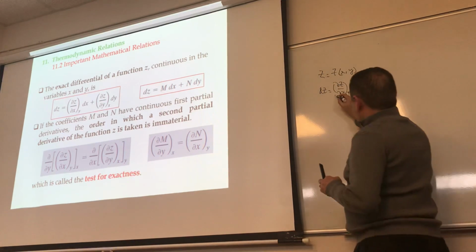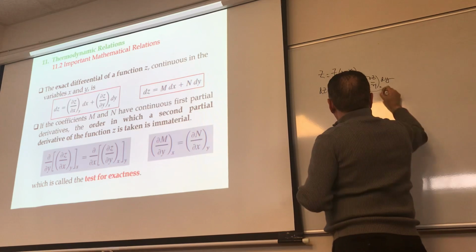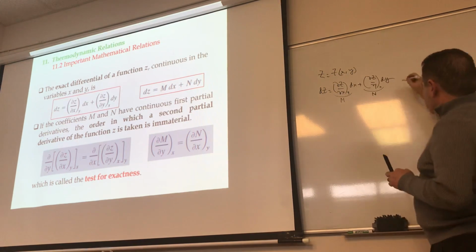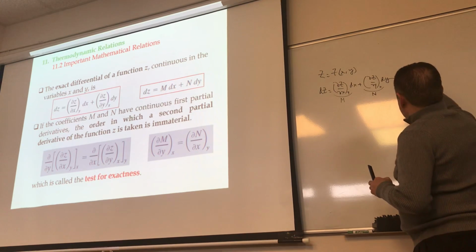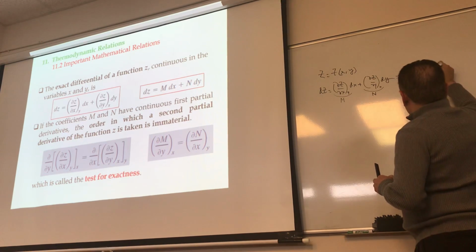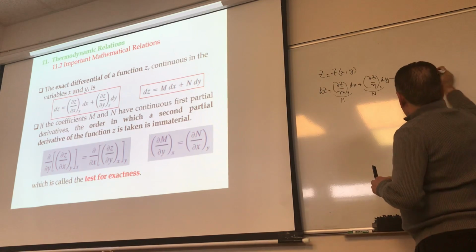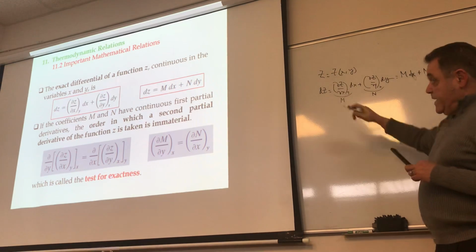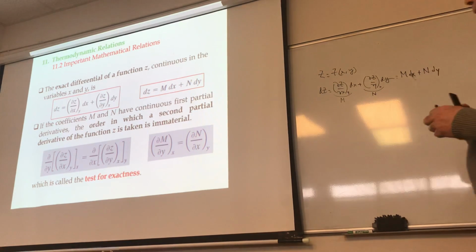Now, as a notation, we call this group M, and we call this one N. So based on this, we can say that dZ = M dx + N dy, where M is ∂Z/∂x. Now, from math, if the coefficients M and N are continuous, if they have continuous first partial derivatives, then the order in which the second partial derivative is taken is immaterial.